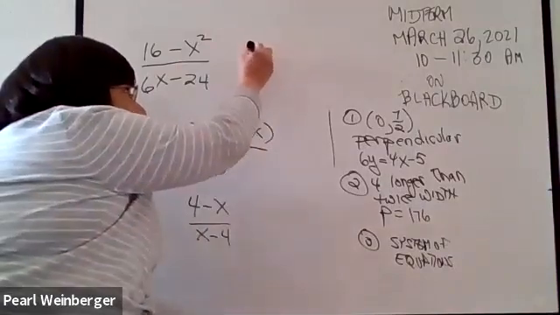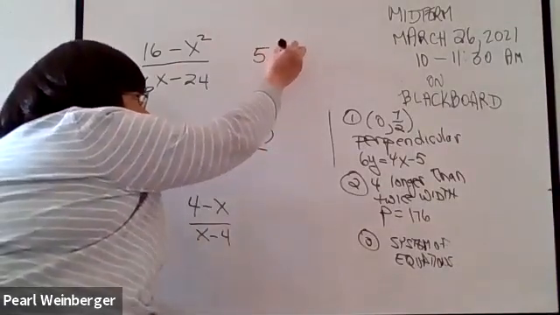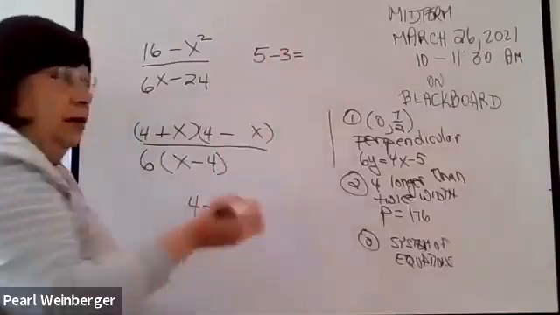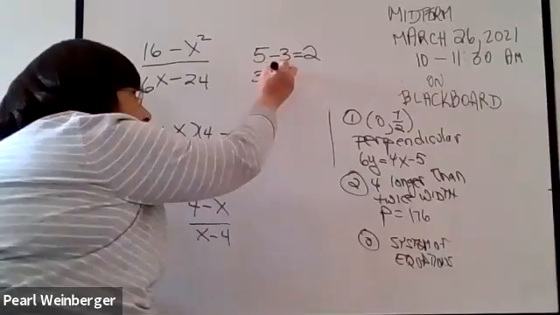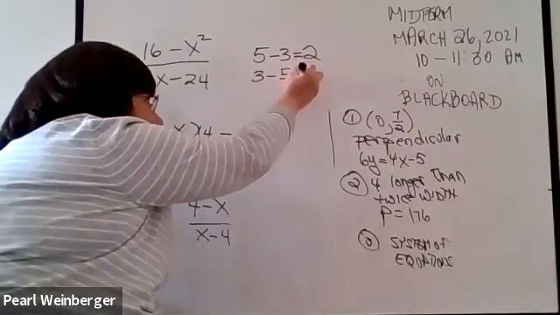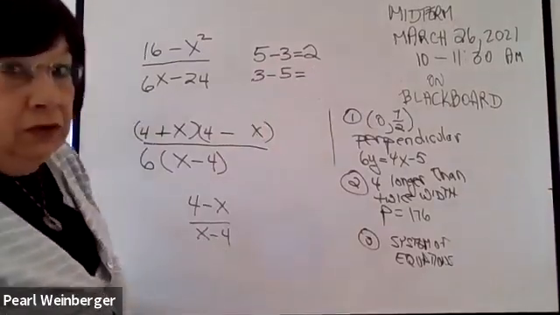Suppose I do 5 minus 3. What will my answer be? Obviously, 5 minus 3 is positive 2. What is 3 minus 5? Is it 2 also? Negative 2.